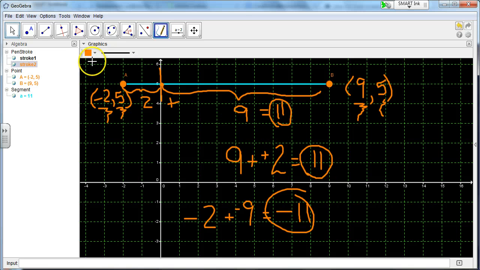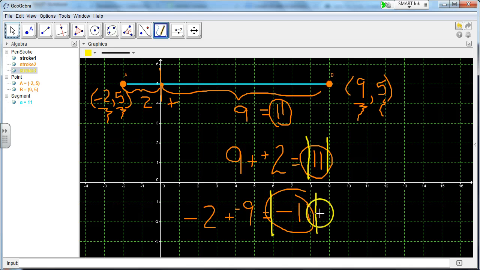With distance, though, we have to understand that distance is always going to be a positive value. You only travel a positive distance. You never really travel a negative distance. So what we do to handle that is we apply the absolute value concept to distance. If you got -11, that's just like saying you're traveling 11 units in the negative direction, which would be to the left, right?